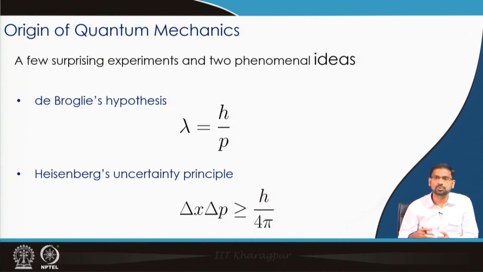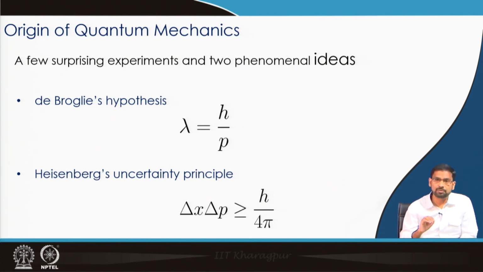In future classes we will discuss the mathematical argument behind it, but Heisenberg's uncertainty principle says that if you want to determine the position of a particle precisely, you have to give away your right to know the momentum of the particle exactly. So simultaneous and precise determination of position and momentum is forbidden.